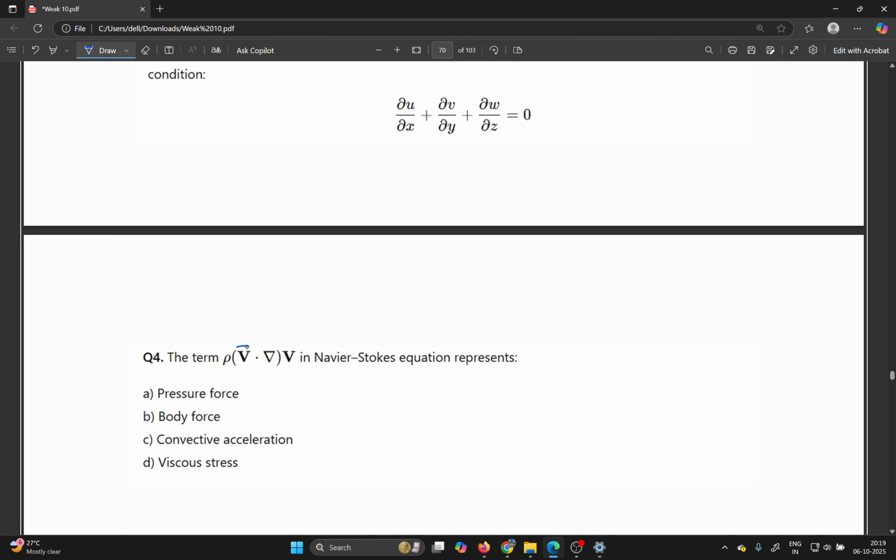This is a vector, remember please, meaning it has u i plus v j plus w k. So in the Navier-Stokes equation, what does it represent?